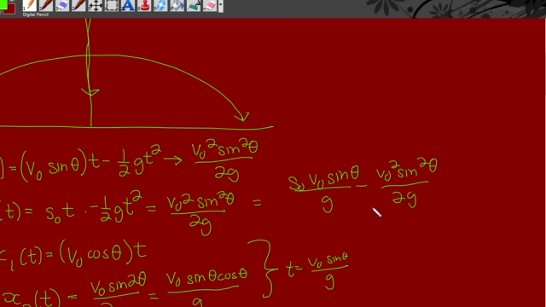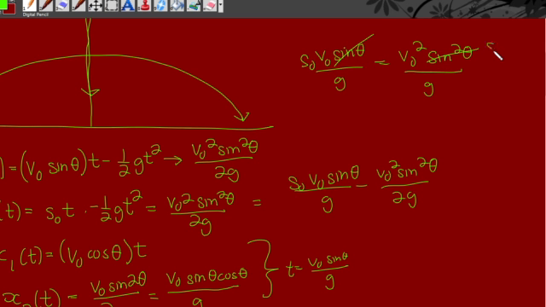We can add this to both sides, and so we get s naught v naught sine theta over g is equal to v naught squared sine squared theta over g.